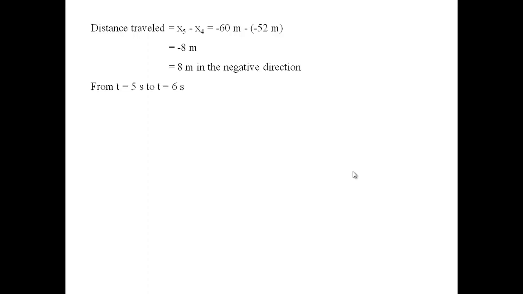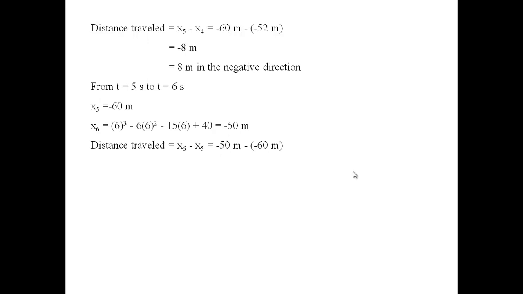From time t is equal to 5 seconds to t is equal to 6 seconds, x5 is equal to minus 60 meter, which we already calculated. Now we calculate the position when time is equal to 6, and we got minus 50 meter.